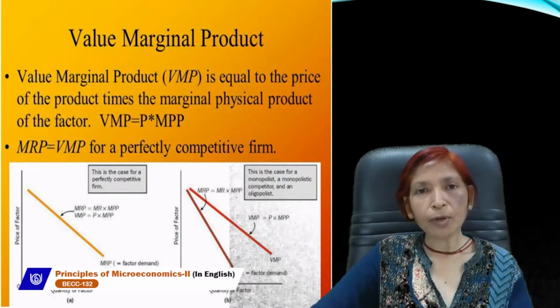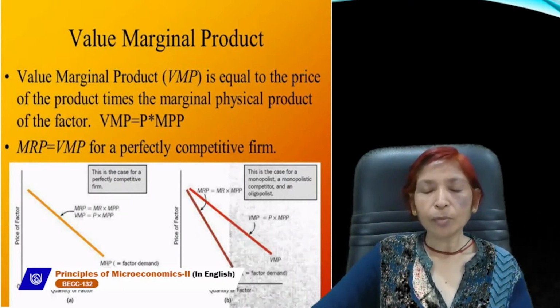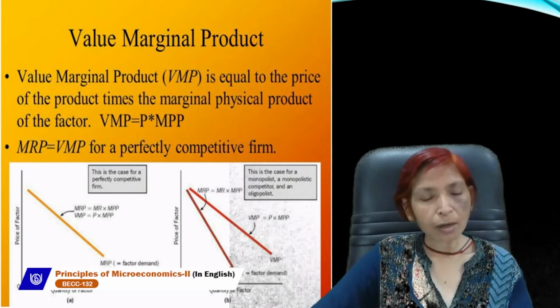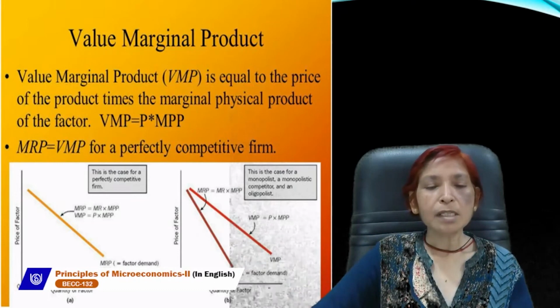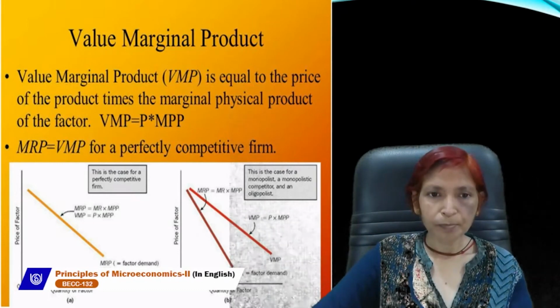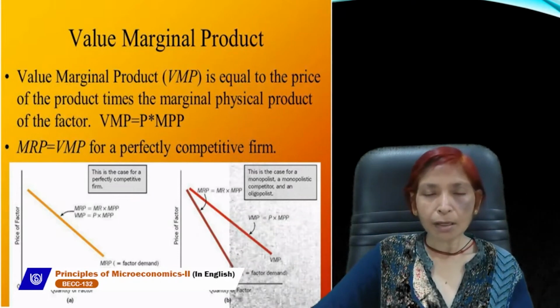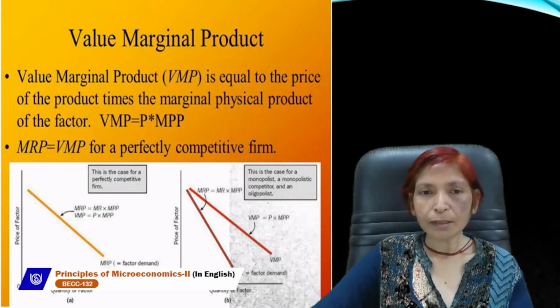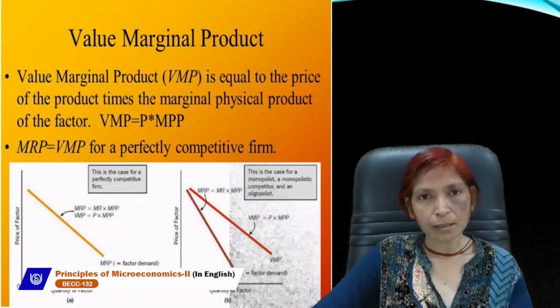And marginal revenue product is the net change in total revenue product. And what is total revenue? Total revenue is the total money income received by the seller after selling its output. If a net change occurs in total revenue product, that will be called marginal revenue product.